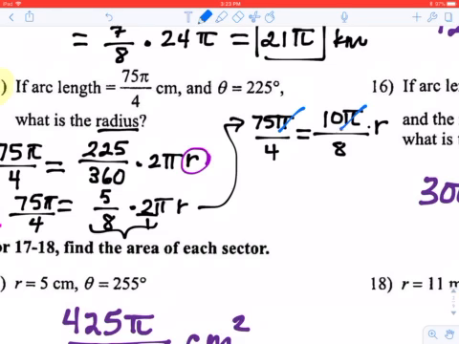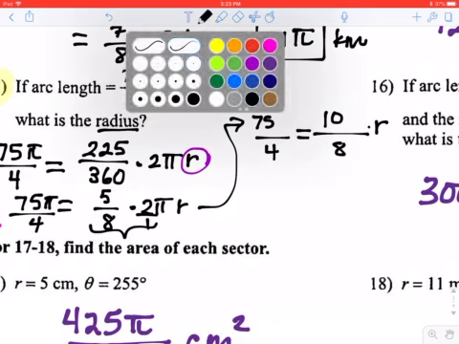So if I divide both sides by pi, it cancels out, which makes my life happy. Now I have 75 over 4 equals 10 over 8 times r.